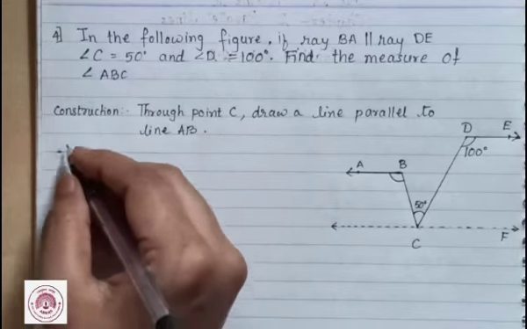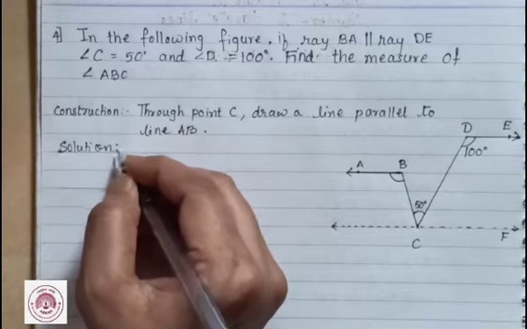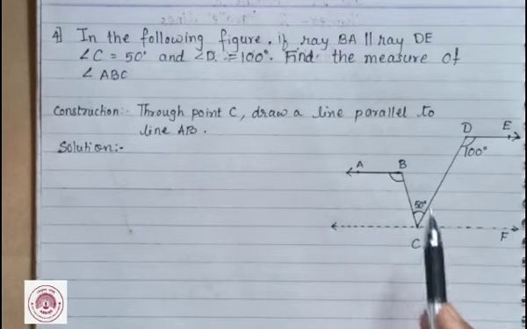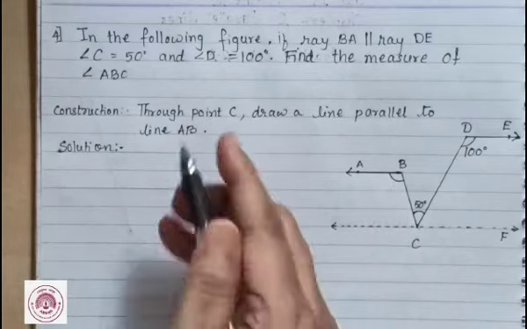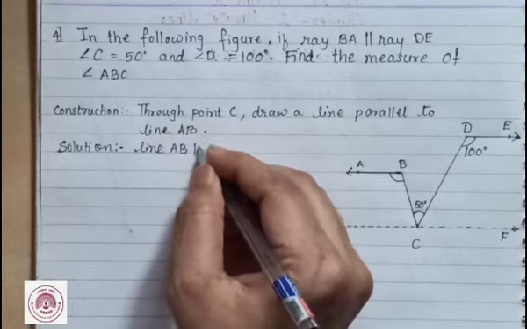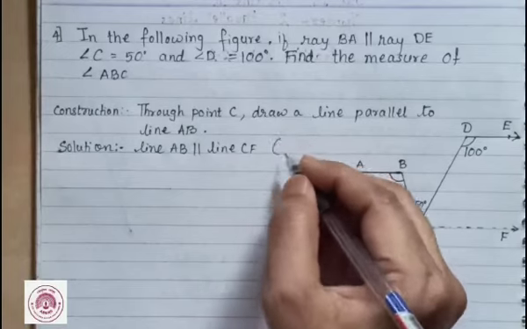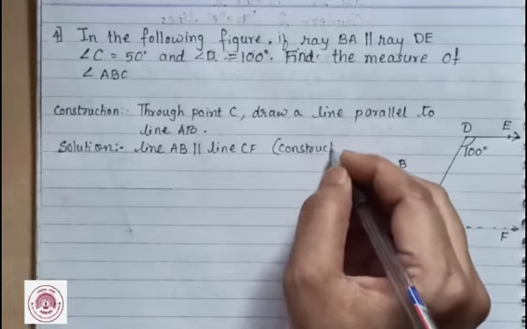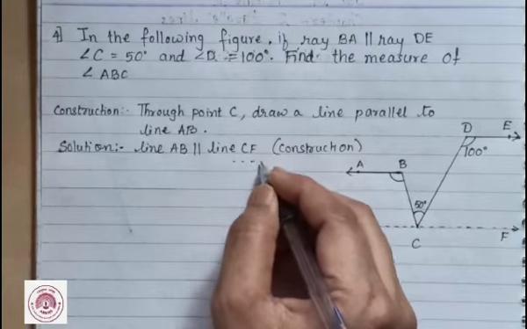So let's start with the solution. Now here line AB is parallel to line CF. We have constructed CF parallel to AB. So write here line AB is parallel to line CF. So what is the reason? Construction, and let this be equation number 1.